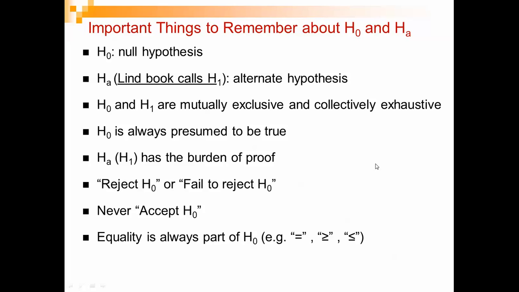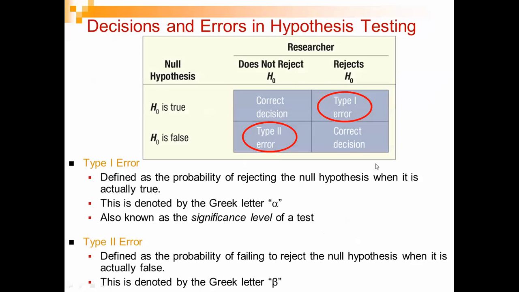What happens if we come to the wrong conclusions? That's where we get into the type 1 and type 2 errors. Type 1 and type 2 errors can seem to be a little bit confusing, so I encourage you to take some time going over this portion of the video and maybe review it again at a later point in time. But type 1 error is when we reject the null hypothesis when it's actually true.